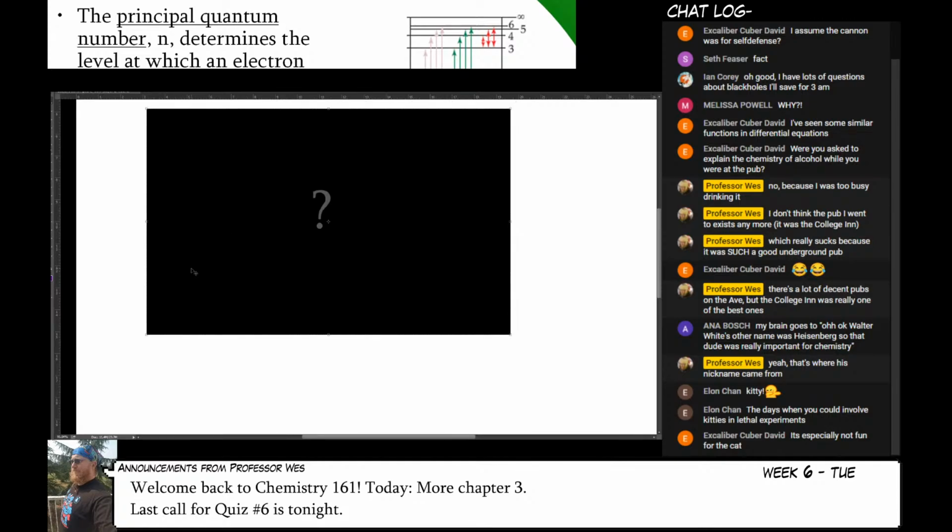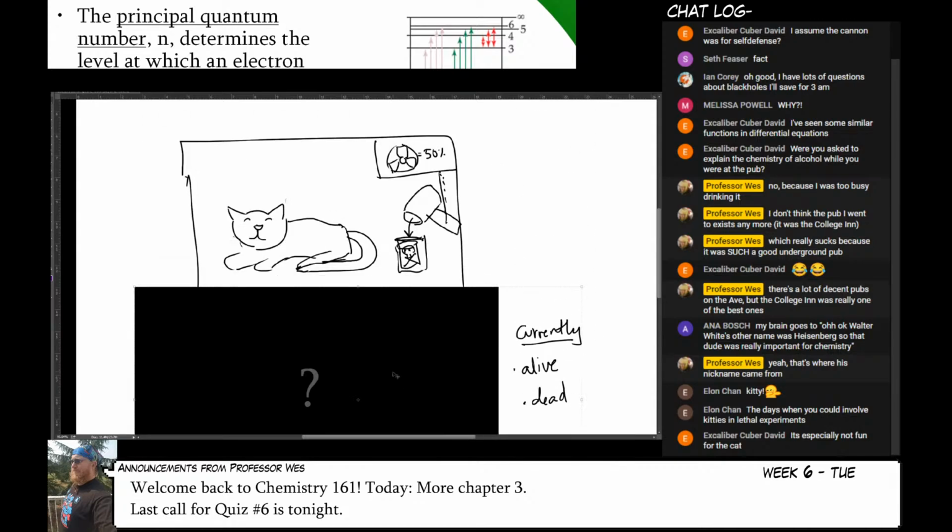Currently, in this state, if I don't have the box open and I don't know what has happened to the cat, because remember, there's a 50% chance the cat will live and a 50% chance the cat will die, currently the cat is both of these conditions at once. And it's not until I do this that I can go like that. But I have to do that first before I can make that assumption.